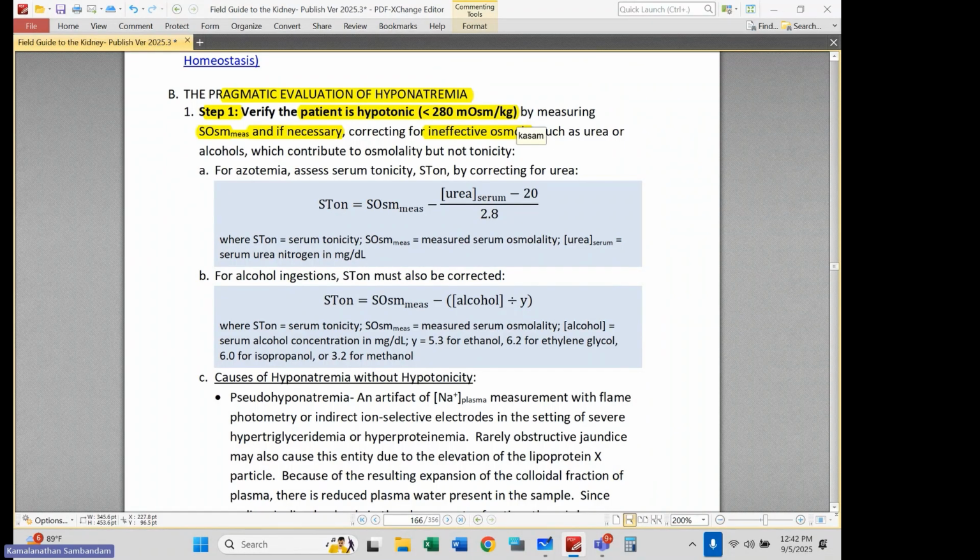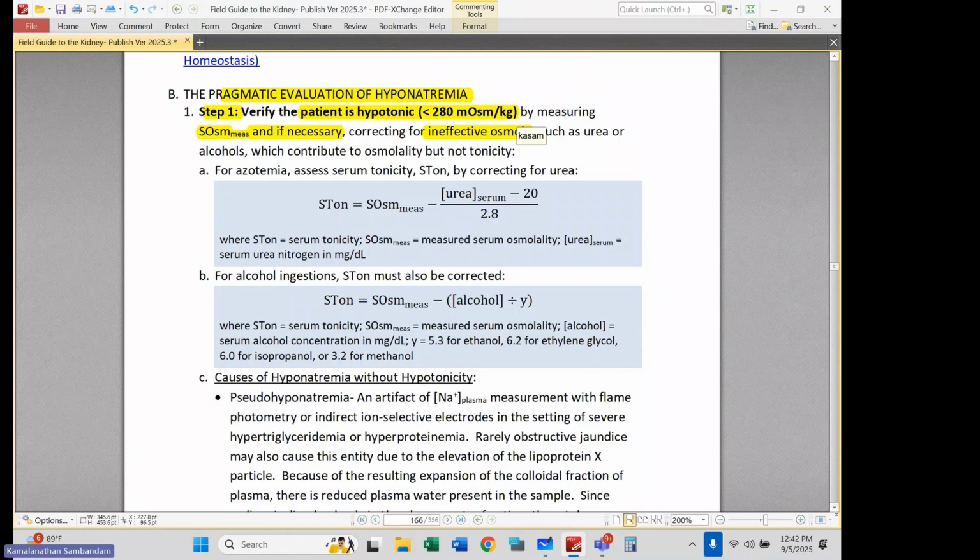But that's wrong, okay? We went over the difference between osmolality and tonicity, right? Tonicity tries to describe solutes that affect water balance across the semipermeable membrane. Glucose contributes to tonicity, okay?